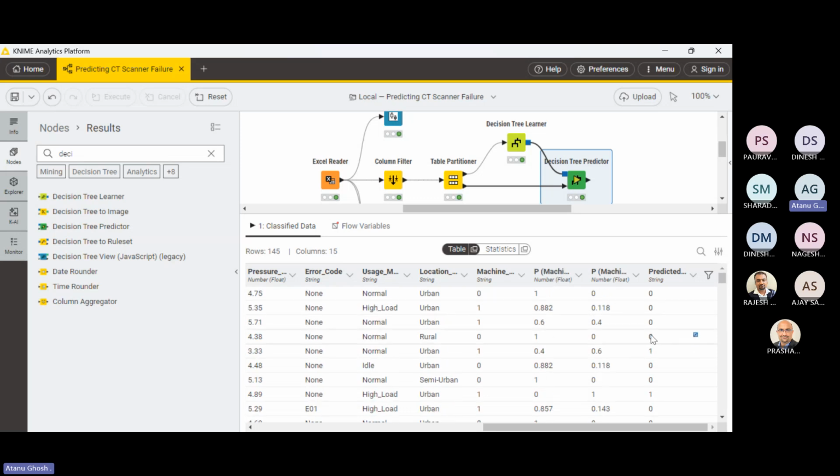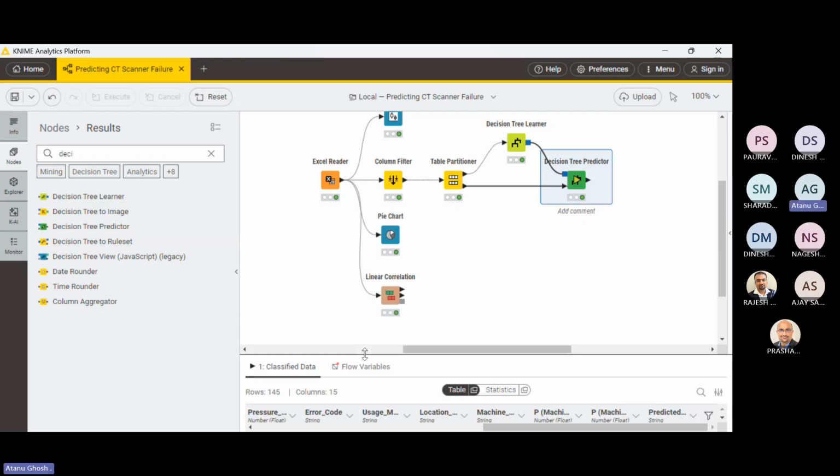So here, for example, actual output is machine will not fail, predicted is also machine will not fail. Here, for example, machine will fail, but the predicted outcome is machine will not fail. Okay, so like that, we are getting these values. And now we need to calculate the score. So what kind of scorer should we use?